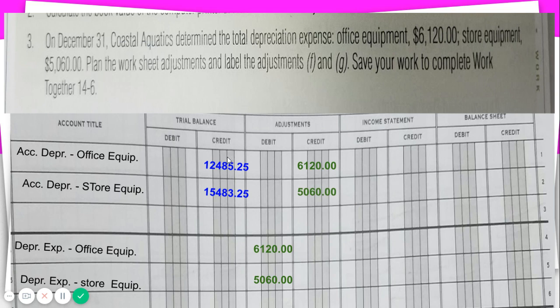Then, for our balance sheet, we take our trial balance of the credit plus our adjustments of the credit to get our balance of $18,000 and $20,000. And that was section 5.